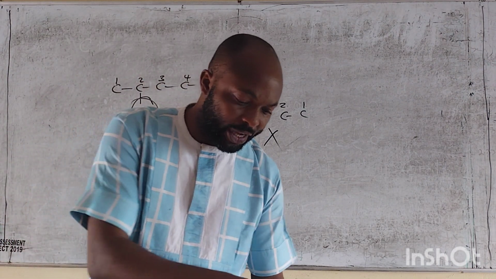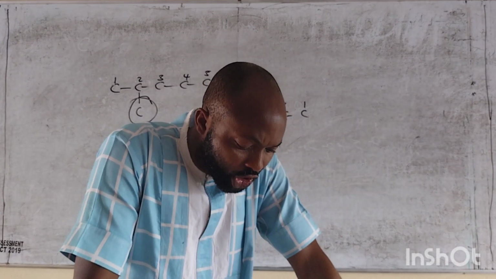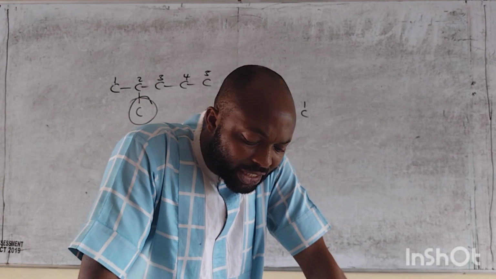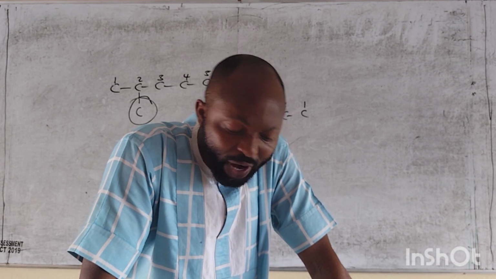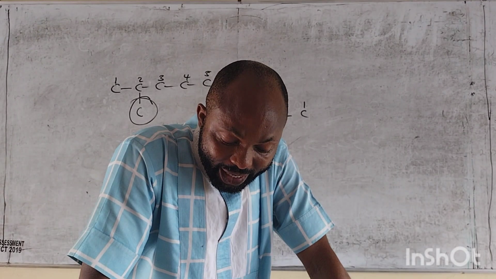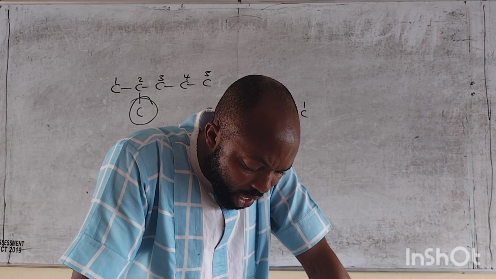So we have done that first one, and we have numbered them. Now the third one says, when two unbranched carbon chains have the same number of carbons, the chain with more substituent is the parent chain. As the example here, let's take this example.